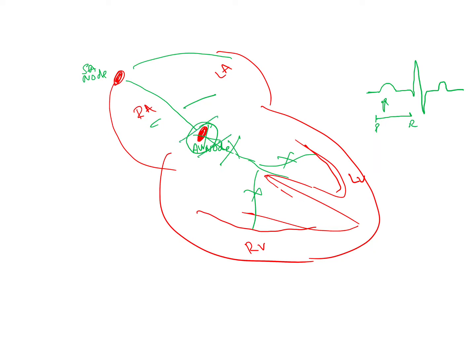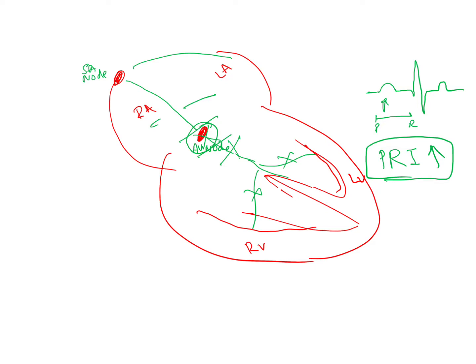This more delay at the AV node will be represented in the ECG by the prolonged PR interval. So the PR interval will be very much prolonged. This is one of the important findings in all the patients of heart block. If we get a prolonged PR interval, we must think of heart blocks.